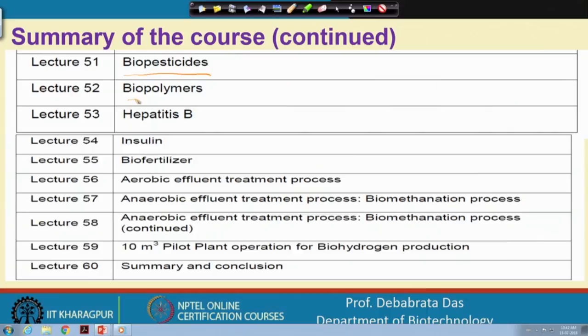Then biopolymer. In day to day life we have seen that plastics pose a lot of environmental pollution problems. It is very difficult to degrade. So, biopolymer is slowly capturing the market. We have different types of biopolymer, PHA and PLA, the two important polymers that are coming into the market, and we try to find out how cost effective they are.